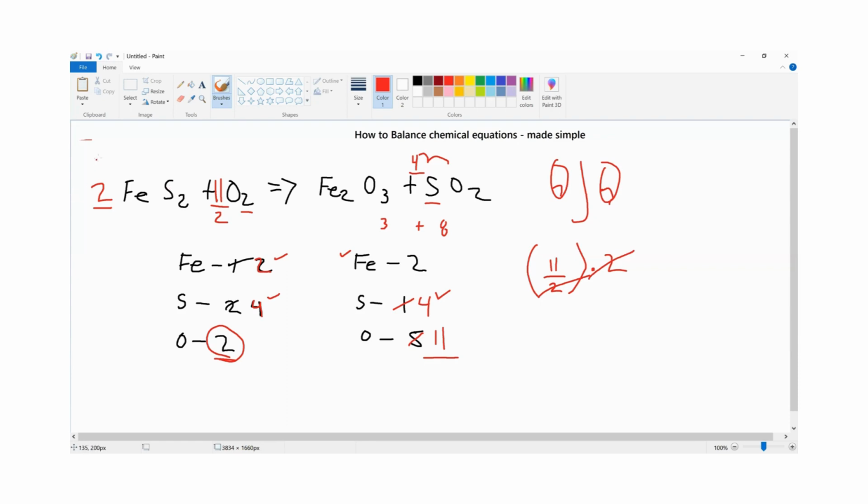But again, do you have to multiply to the whole equation so this can work out? So we put 2 times everything. So 2 goes into this one, 2 goes into this one, 2 goes into this one, and 2 goes into this one. 2 times 2, 4. 2 times 11 over 2.